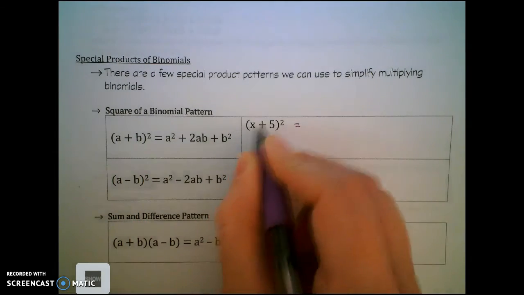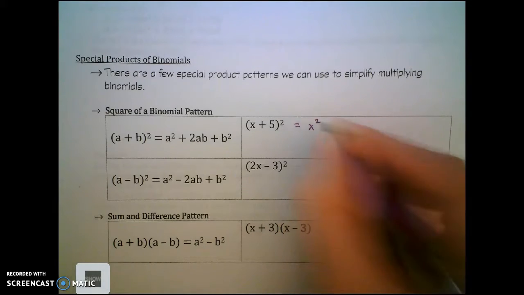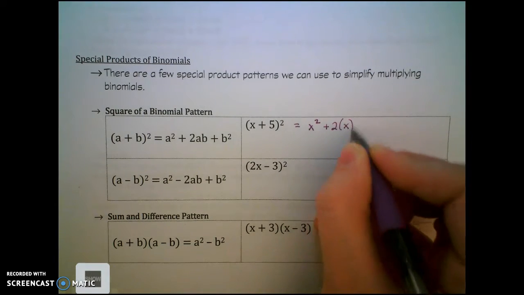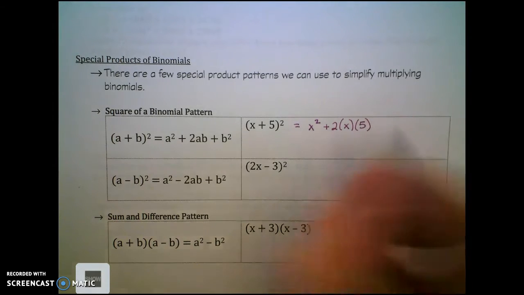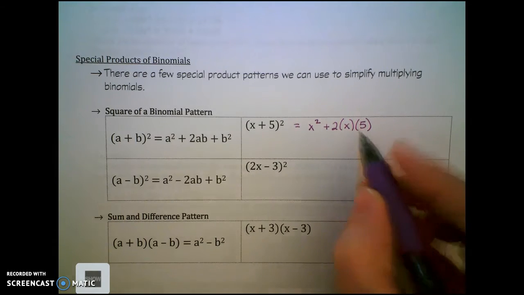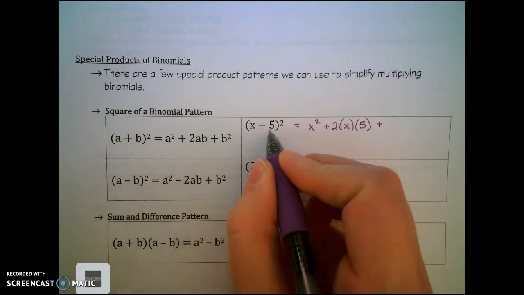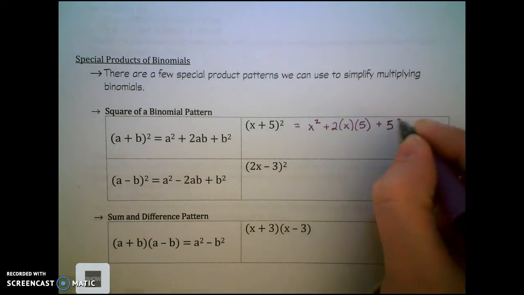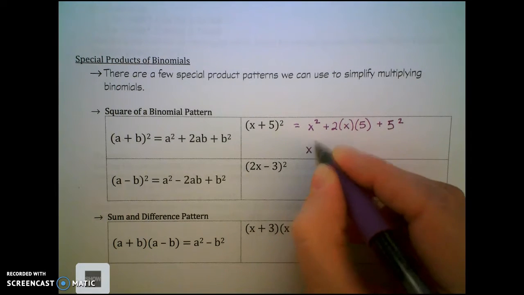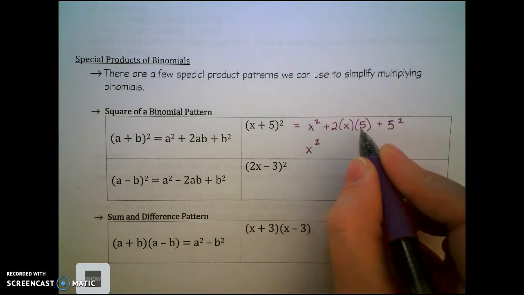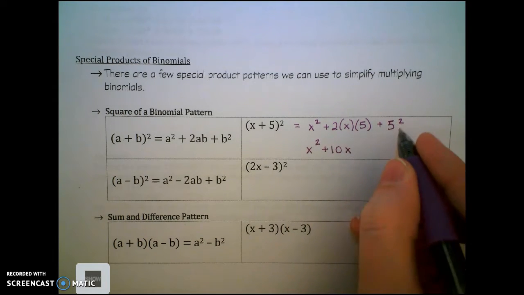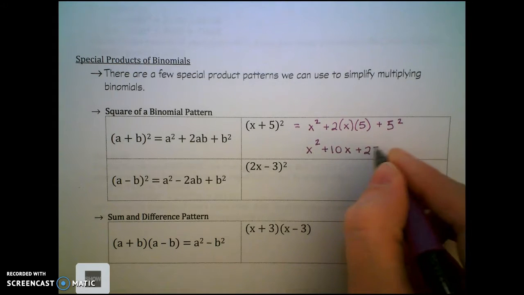A squared, so that's x squared, plus 2 times a times b, and notice I'm using my x and my 5 here for a and b, plus b squared, which is going to be 5 squared. And now I'll simplify. x squared remains the same. 2 times 5 times x gives me 10x, and 5 squared gives me 25.